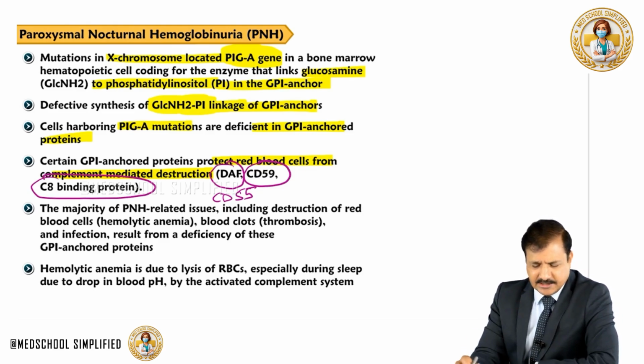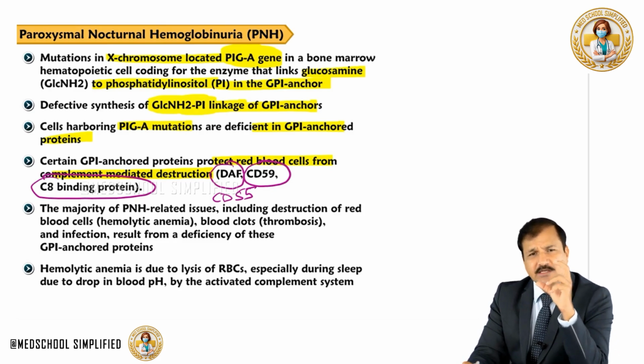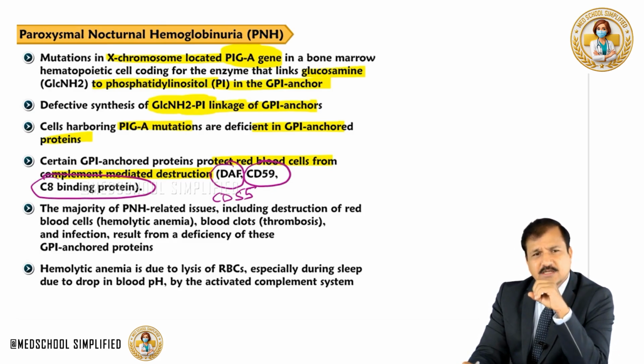So, especially these GPI anchored proteins are present over the red blood cells. In fact, these GPI anchored proteins will be present over all hematopoietic cells like white blood cells, platelets and all of them.